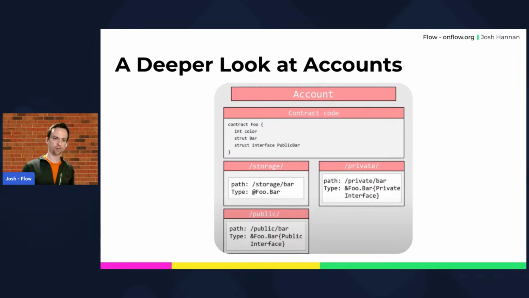And then each account also has a storage section where they store various things that are related to the contracts that are deployed on their account or on other accounts. So the main area is the storage area, and these are represented by paths, kind of like a file system. The storage area is where you store your actual resource objects, which are the digital assets that you store in your account.